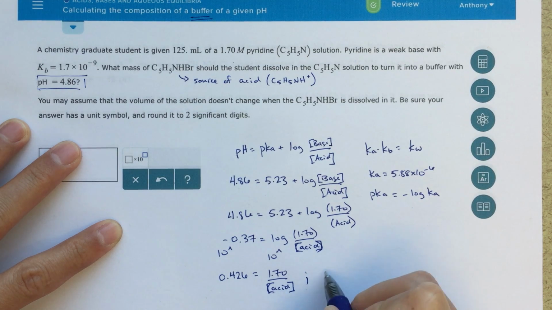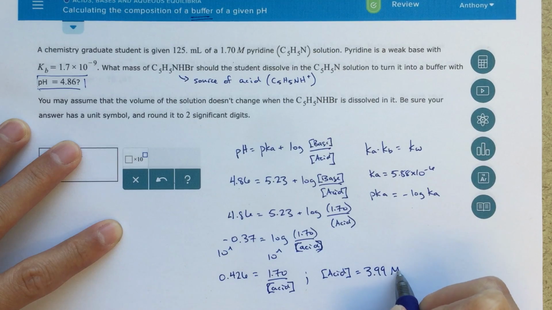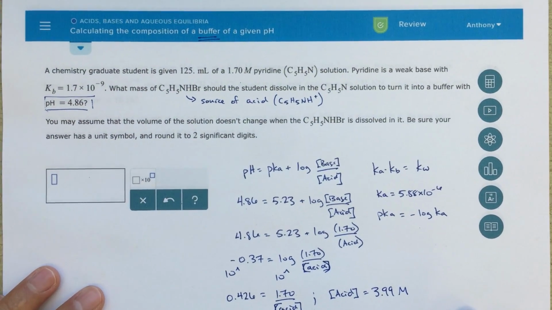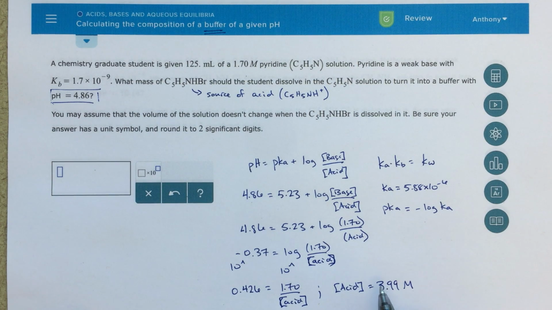So this is telling me that the concentration of acid that I need to have in my solution is equal to 3.99 molar. So this calculation is telling me that if I have a ratio of 1.7 molar weak base to 3.99 molar weak acid, then I would have the pH that I'm shooting for, that target pH of 4.86.